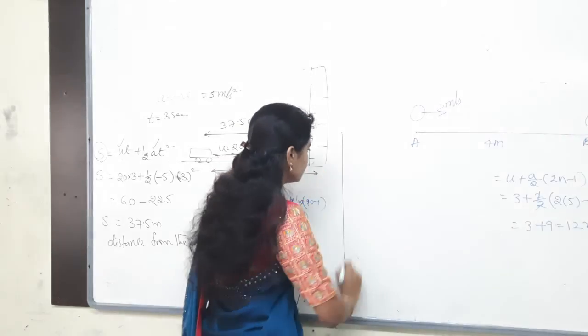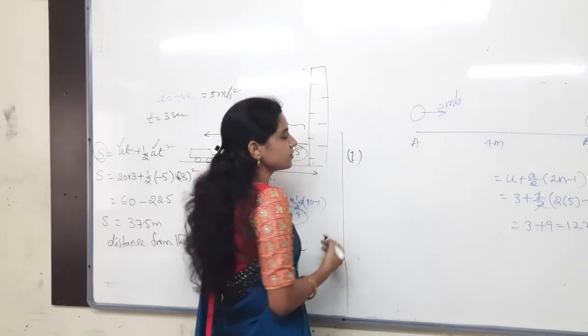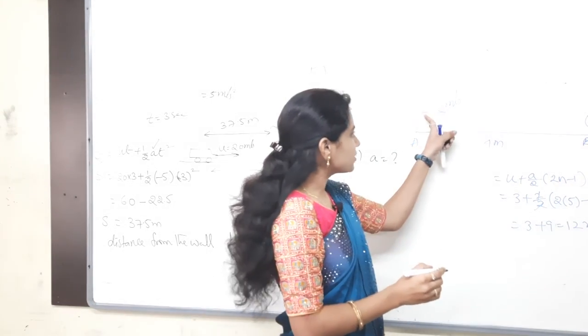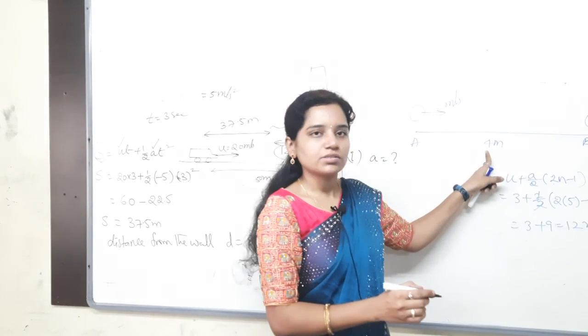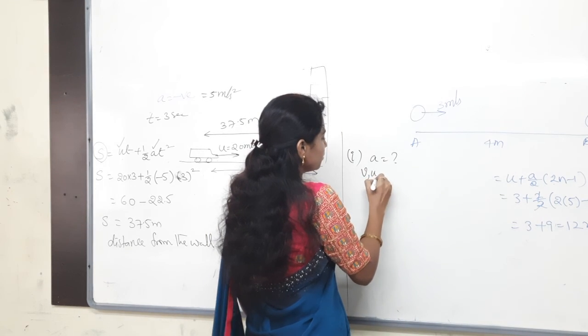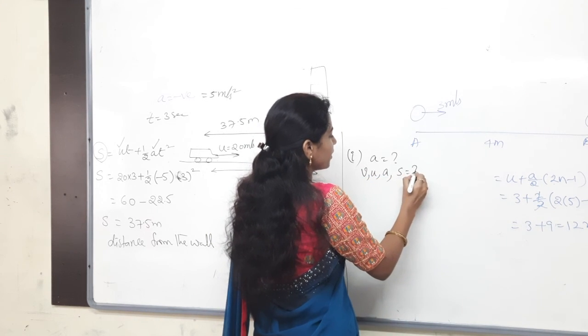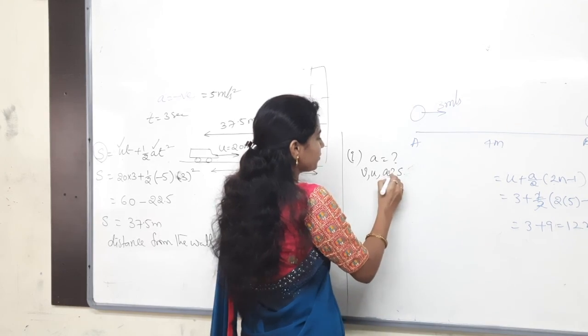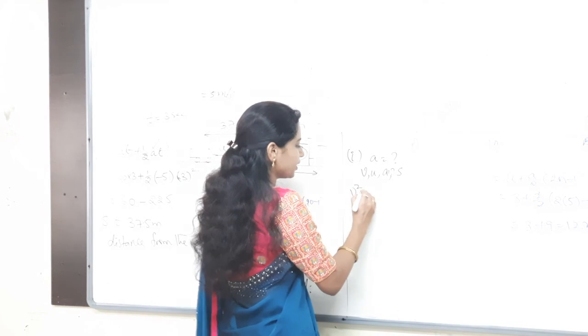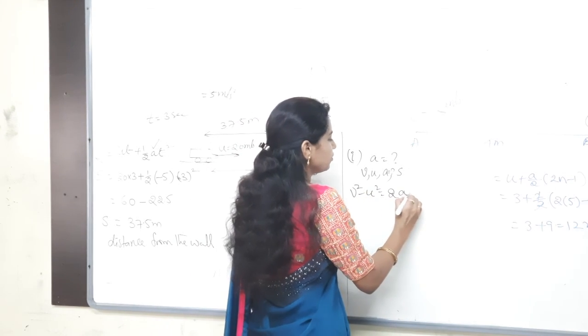Let's check once. The first question is to find the acceleration. Initial velocity, final velocity, distance given. What is the formula? V square minus u square equals 2as.